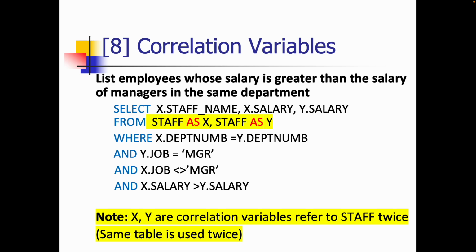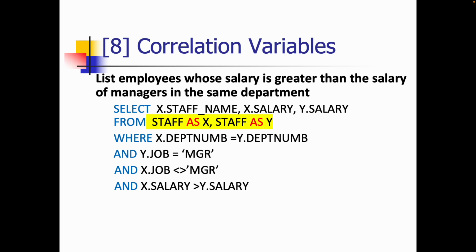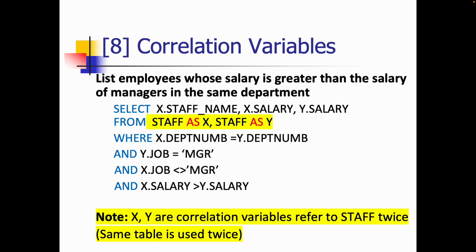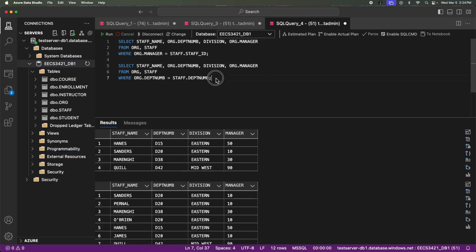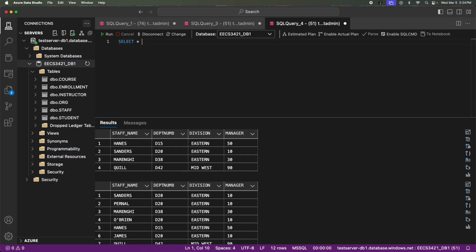Salary was also in the staff table, right? And salary of manager. Again, salary of manager is in the staff table, right? Because in the staff table, what did we have? If you see the staff table, so showing just everything in the staff table.